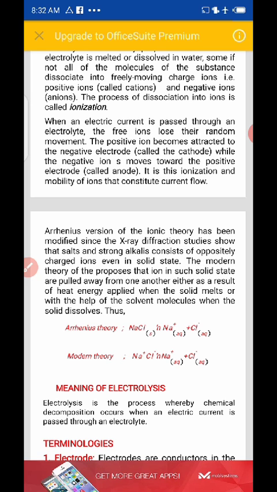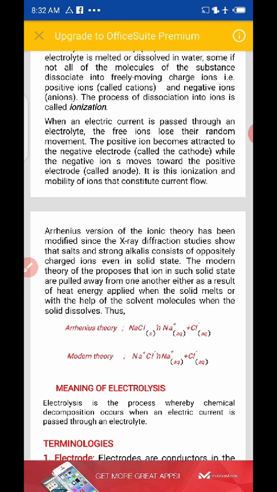Arrhenius' version of the ionic theory has been modified, since X-ray diffraction studies show that salts and strong alkalis consist of oppositely charged ions, even in the solid. The modern theory proposes that ions in such a solid state are pulled away from one another, either as a result of heat energy applied when the solid melts, or with the help of solvent molecules when the solid dissolves.